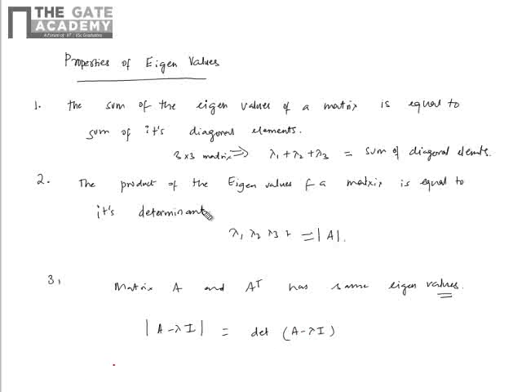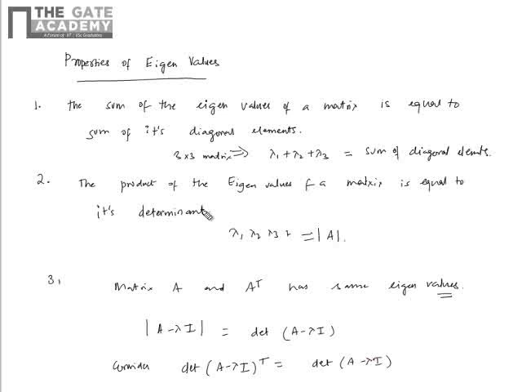Now we can write that the determinant of (A minus lambda I) whole transpose is equal to the determinant of A minus lambda I, because the determinant of a matrix is equal to the determinant of its transpose.